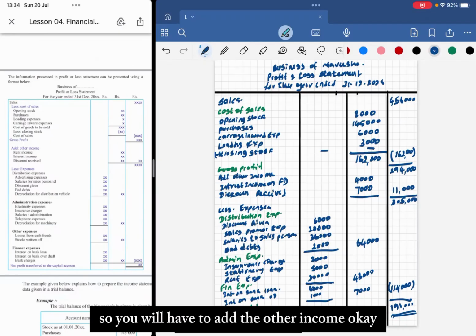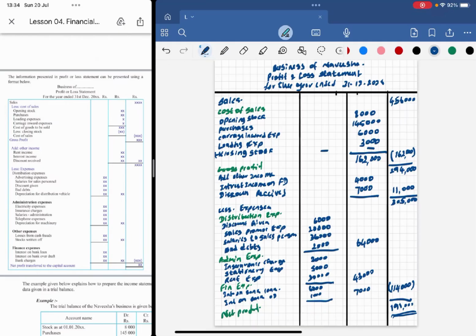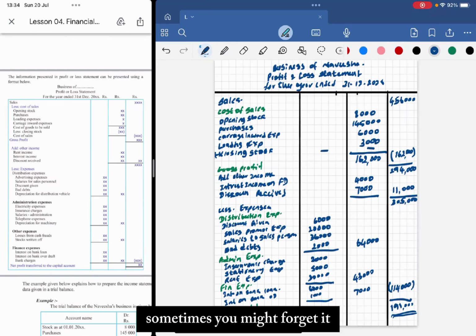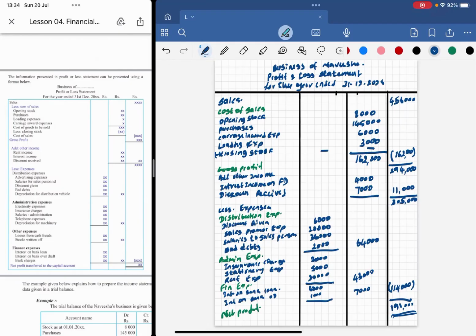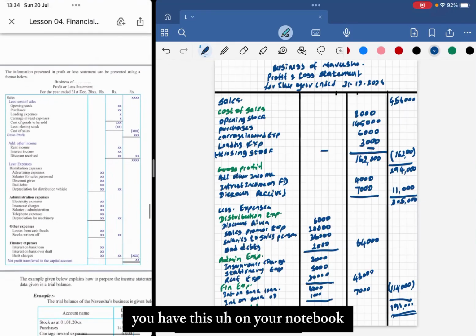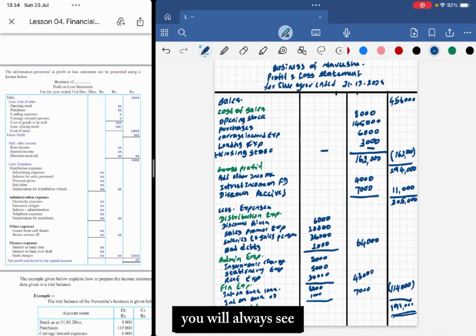So you will have to add the other income, and then deduct expenses which come in four categories. So that is the logicality behind this statement. But sometimes you might forget it. Therefore, what you can do best is you have this in your notebook, and it is available in the textbook as well. So you can write it and paste it somewhere you will always see.